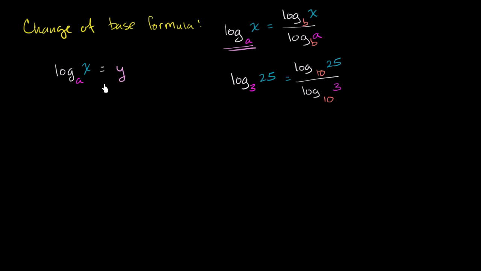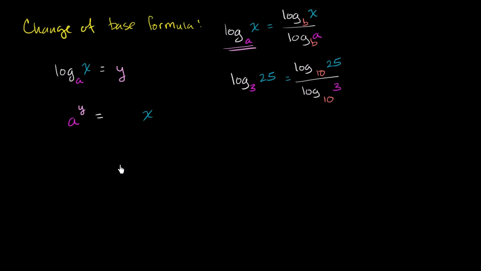Well, this is just another way of saying that a to the y power is equal to x. So we can rewrite this as a to the y power is equal to x. This is just another way of restating what we just wrote up here.